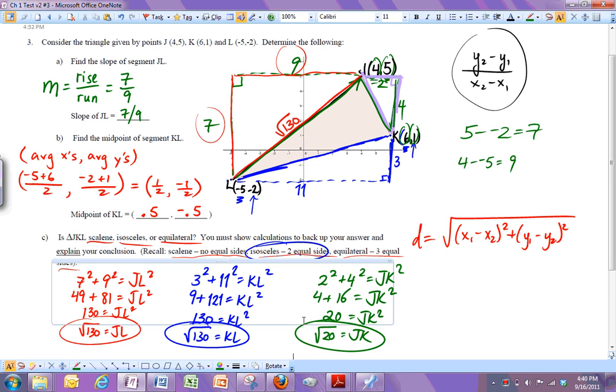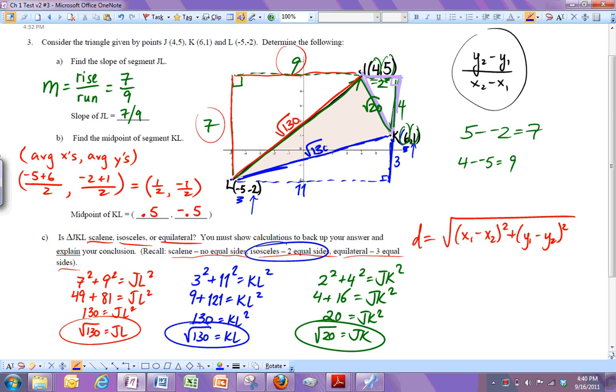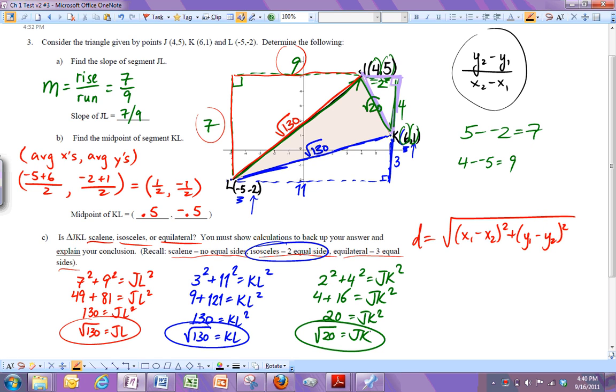All right, so now I've got all three sides. This one's root 20. The blue one that we did earlier was root 130. And the red one is already done as root 130. So if you look at these, two sides are the same, and one side's different.